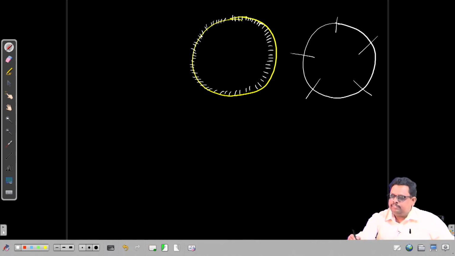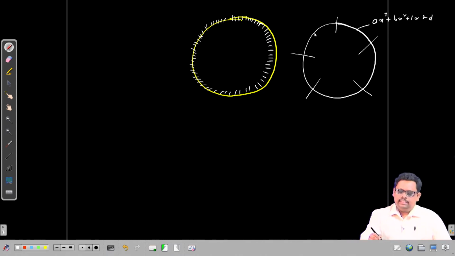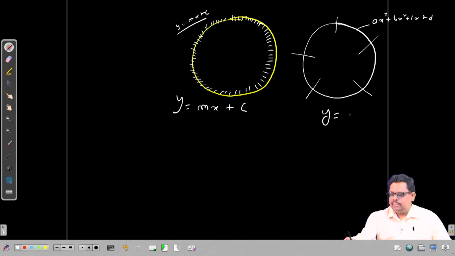So, this big patch may be, let us say, some cubic function, a x cube plus b x square plus c x plus d, something like this. Similarly this one, this one, this one. So, instead of a straight line, which is y equal to m x plus c, you are using some higher order function, y equal to a x cube plus b x square plus c x plus d, something like this.